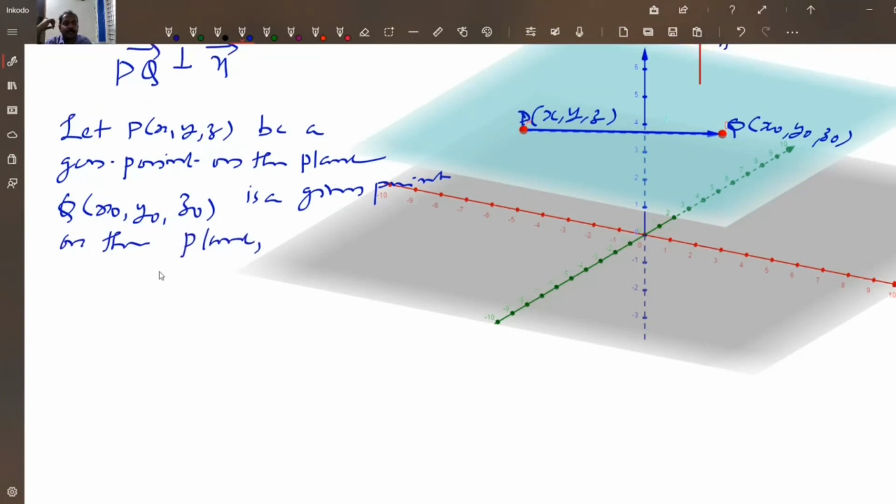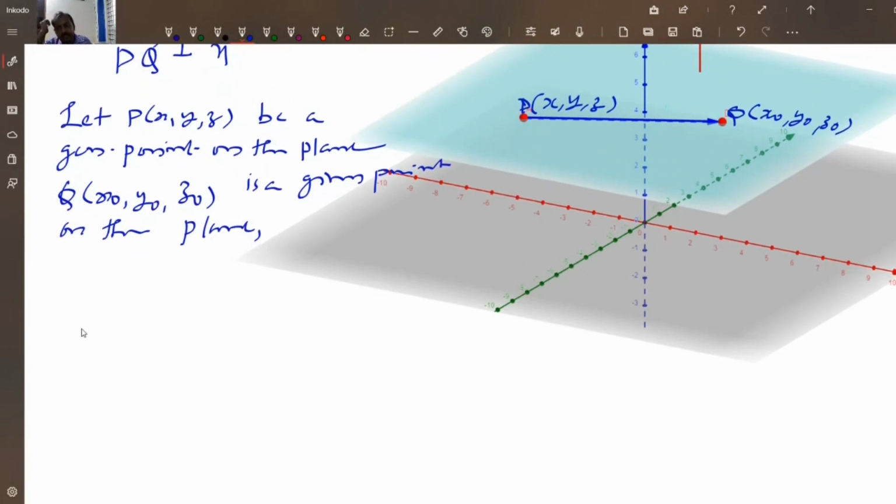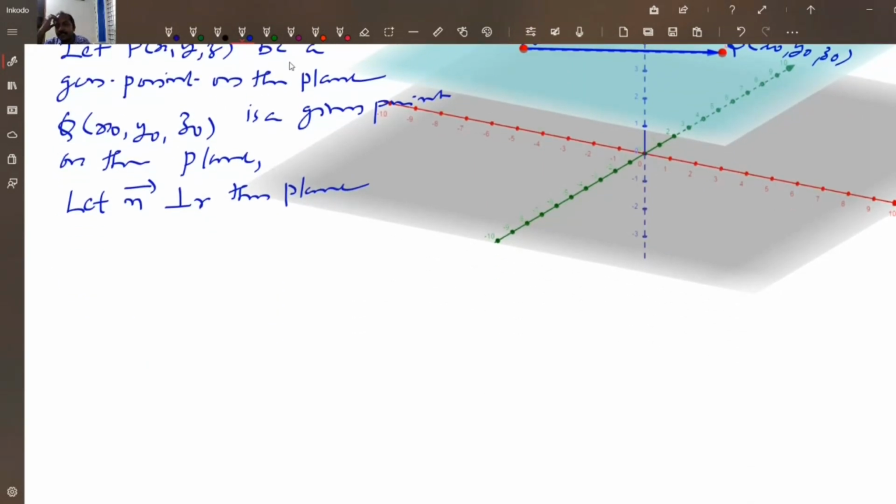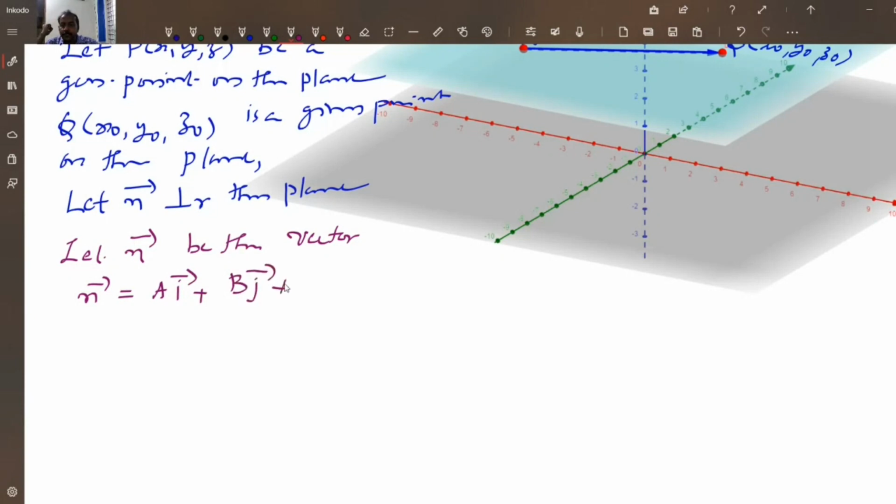And you consider the vector n, which is normal to the plane. Let n be perpendicular to the plane. So you let n be the vector n equal to ai plus bj plus ck.